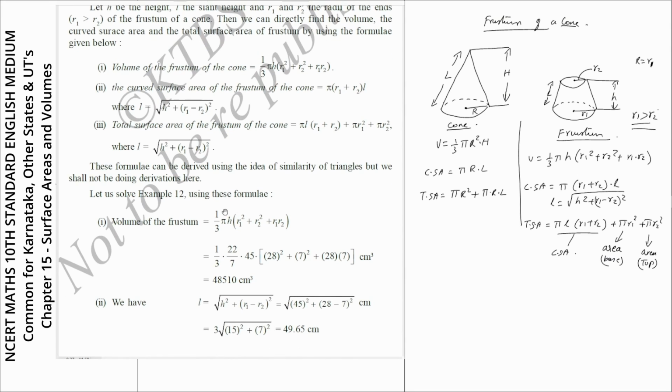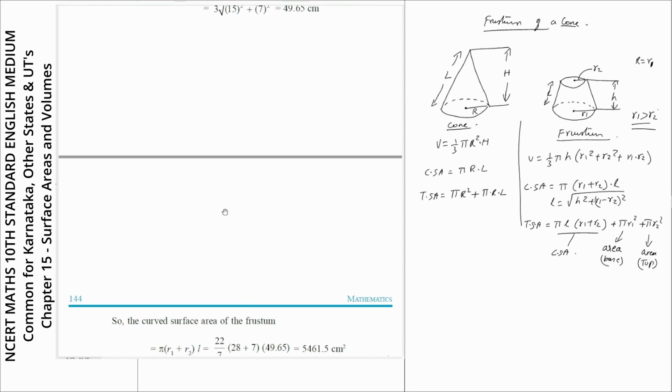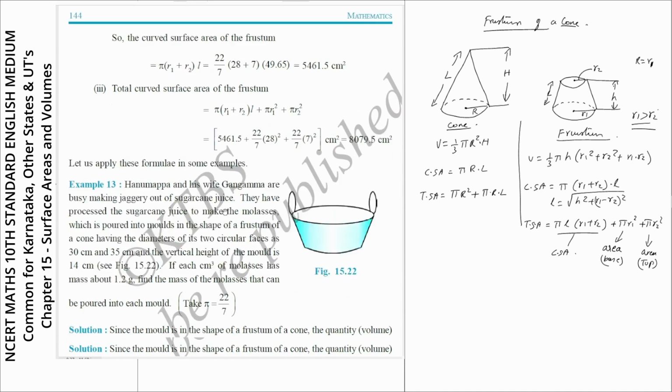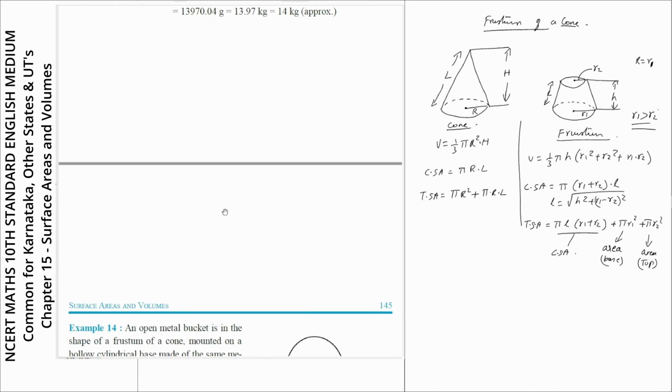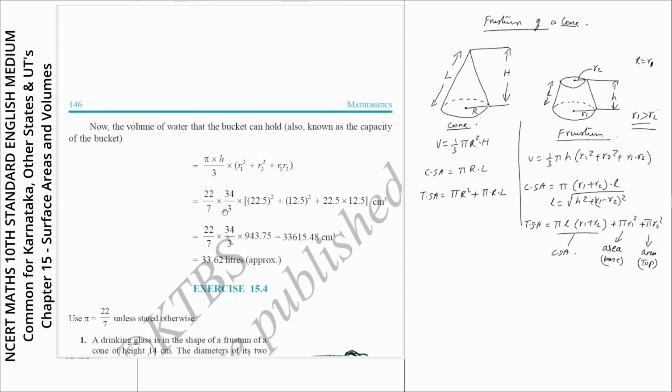There is no derivation for these formulas. You can just accept them and start doing the problems, because the derivation is out of scope for 10th standard. So go through these worked examples, all are self-explanatory. I'll be solving the exercise problems only.